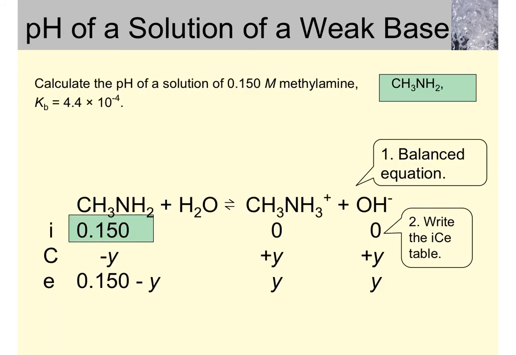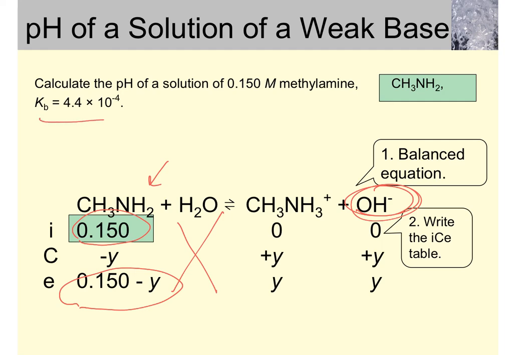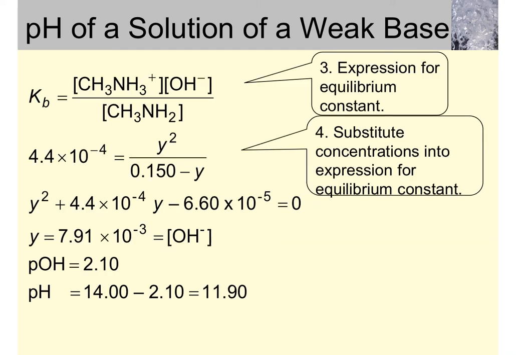Alrighty, so setting up the ICE table, the initial concentration of the weak base is given to us, just like we set up for a weak acid. Just remember though that one of the products is going to be hydroxide instead of hydronium ion. The value of Kb is likely small enough that we can neglect Y when it's subtracted from the initial amount of weak base.